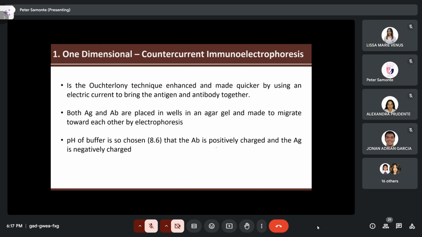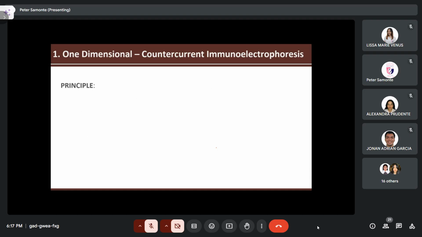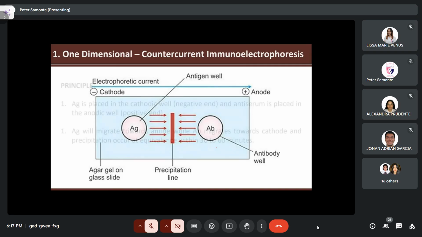pH of buffer is set at 8.6 class so that the antibody is positively charged and the antigen is negatively charged. So by setting the pH at 8.6 class, yung antibodies nyo would become cations while the antigens would become anions. So ito yung principle niya.